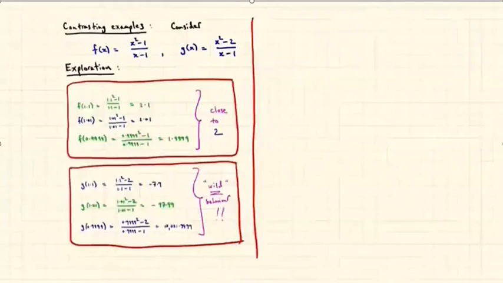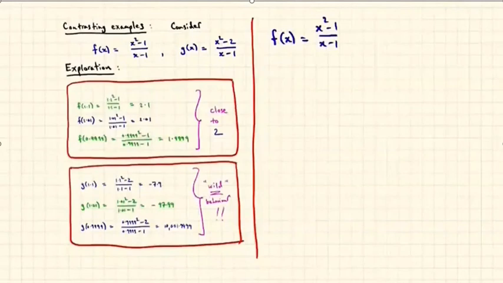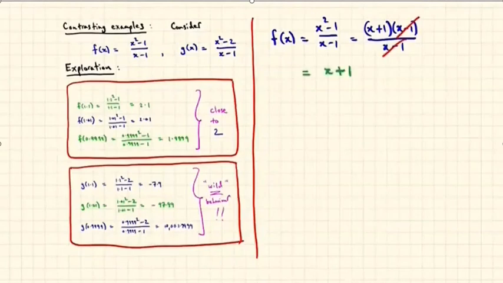Let's try to understand why the values of f appear to be converging to 2. In the rule for f, the numerator factorizes as (x plus 1) times (x minus 1). And we get some kind of cancellation, and the entire fraction simplifies to x plus 1.